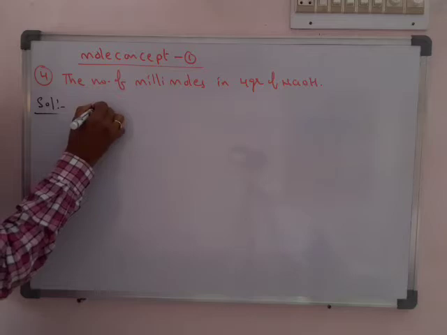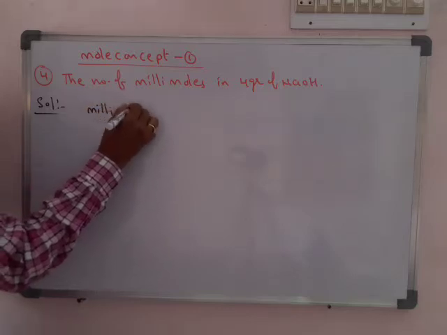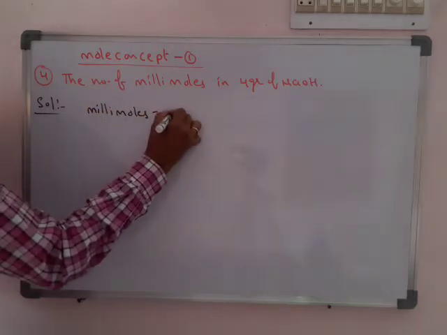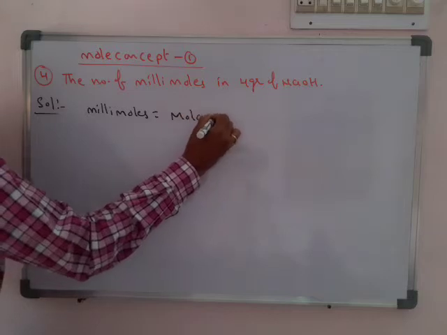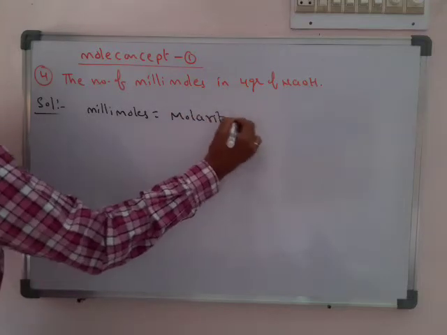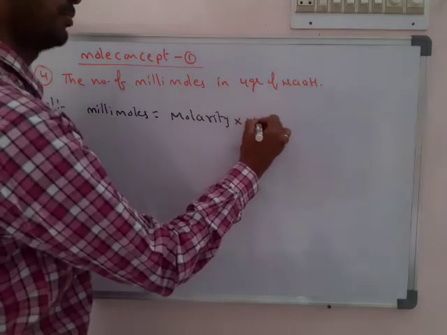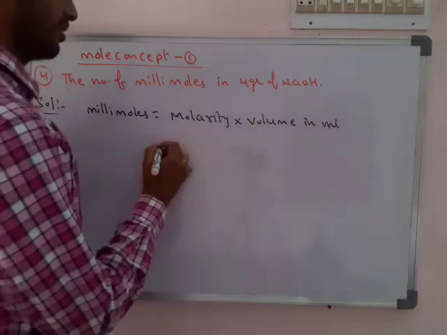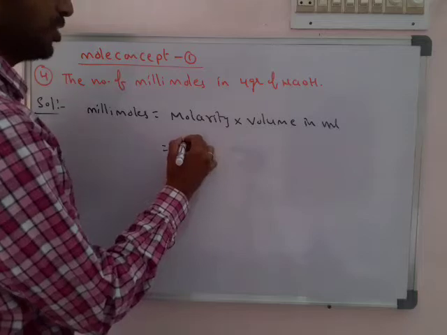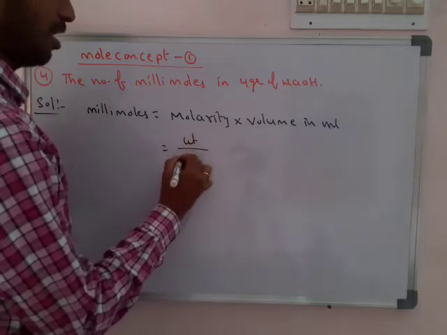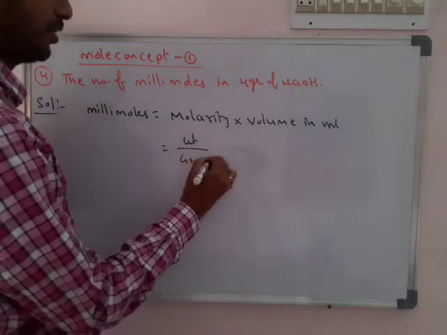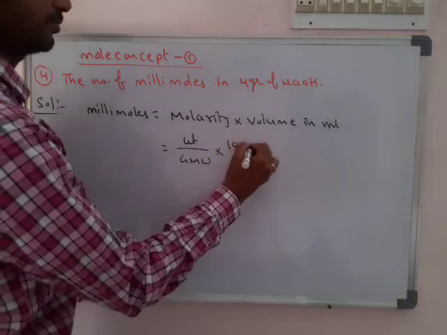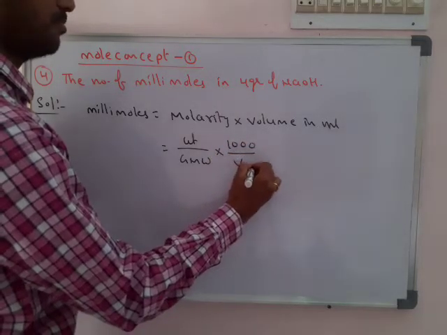This is the solution. Millimoles equals molarity into volume in milliliters. Molarity is weight divided by gram molecular weight, into 1000 by V milliliters.